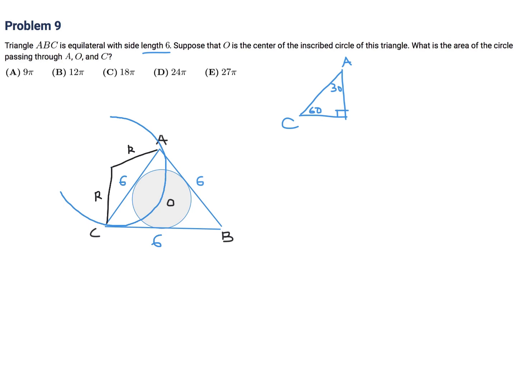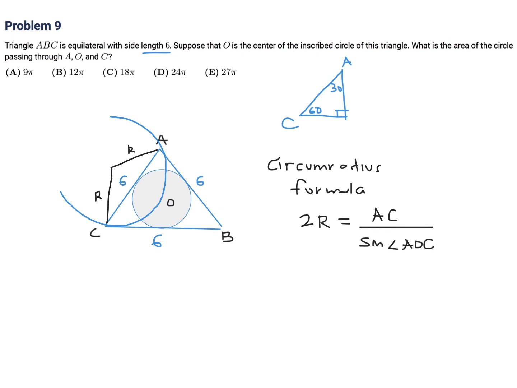And then we basically have the circumradius formula to help us out, and that says the following, that 2 times the radius is equal to, in this case, the chord AC all over the sine of the angle AOC, because it touches the circle there as well.